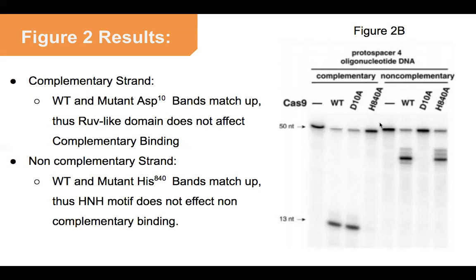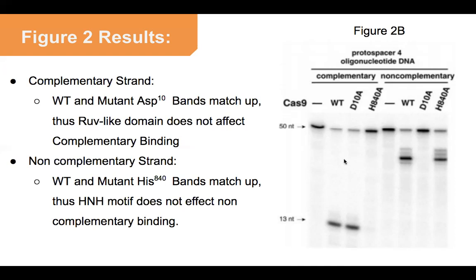Likewise, on the non-complementary strand, similar rationale. The negative control here at 50 nucleotides matches up with the mutation on aspartic acid. And then the wild type, which is doing its job properly, has a band that is very similar to the histidine over here. So basically, what it means is when this aspartic acid was mutated, the enzyme was not able to do its job, and it had a similar band to the negative control.